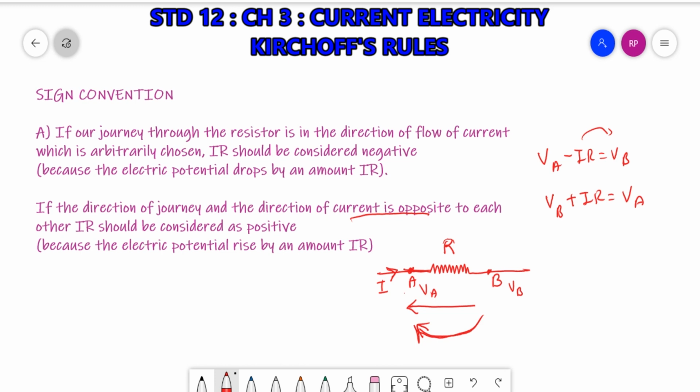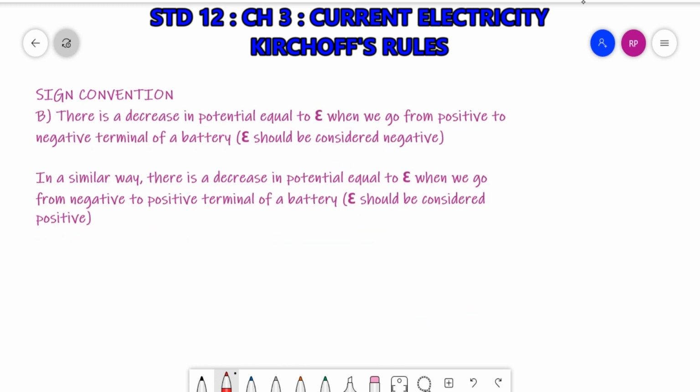Let's see about the EMF. When a battery is connected, there is a decrease in potential equal to the EMF of the battery when we go from the positive terminal to the negative terminal. In that case we should consider EMF, epsilon, as negative. Say this is the case.